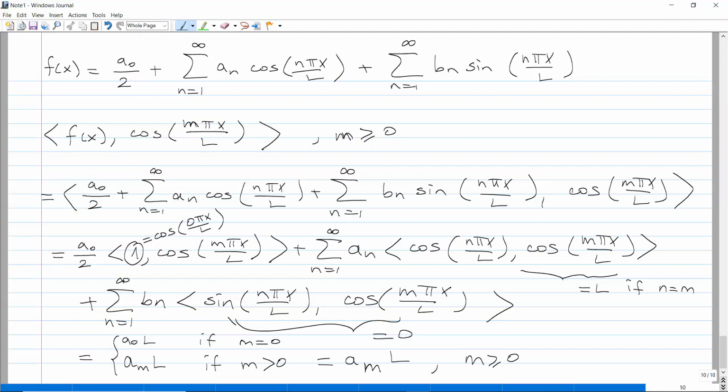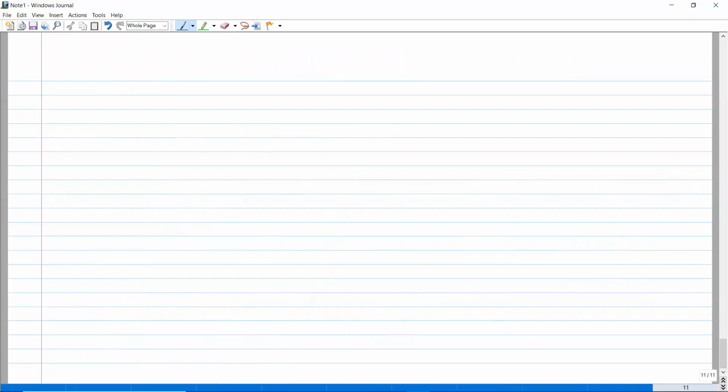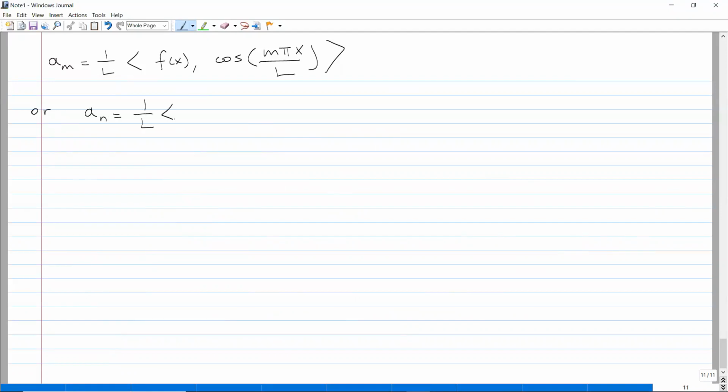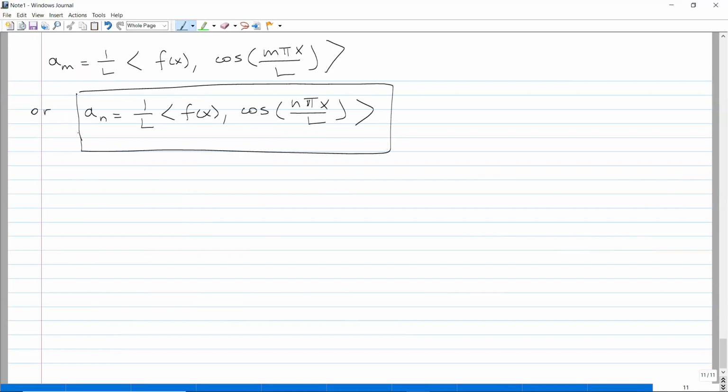So this tells me that the constant am is 1 over L times the inner product of the function f with cosine m pi x over L. Or changing m to n, an is 1 over L times the inner product of f of x with cosine n pi x over L. This is for n greater than or equal to 0.